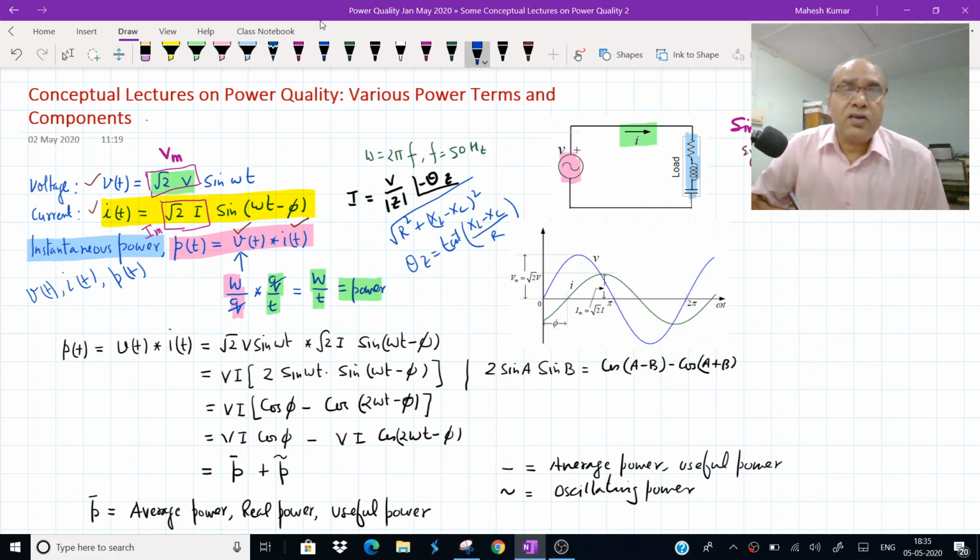RMS values are denoted by capital letters. For example, V. This V is the RMS value of the voltage, and I is the RMS value of the current.